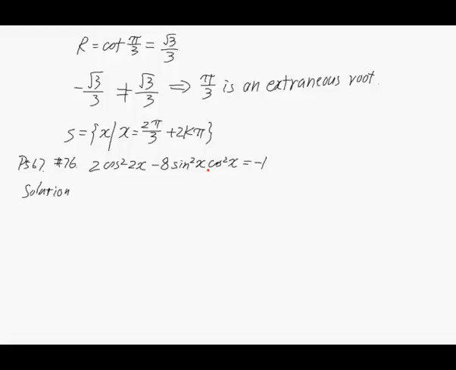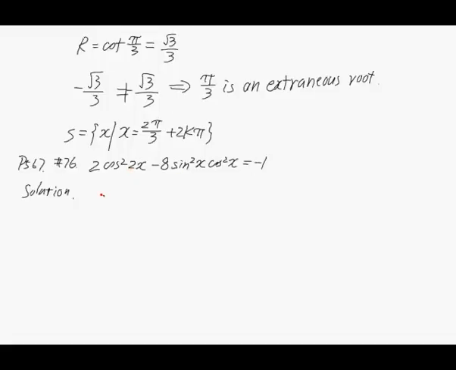So we want to convert this equation into one equation which involves only one trig function and only the variable x, not a multiple of x. So we have to use some identities. First, let's look at this cosine square of 2x. We know this is a double x, so we can use the double angle identity for cosine.